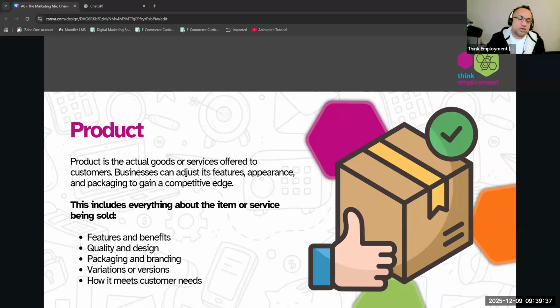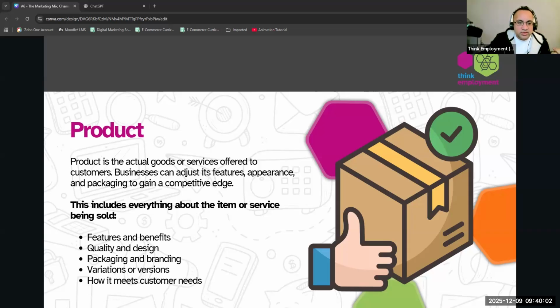It may say Boss in a certain way, it may be embossed, and then in a different color to the actual logo. So they can tweak it a little bit when it comes to the packaging and appearance, and that gives it a competitive edge, making it look more luxurious, for example.